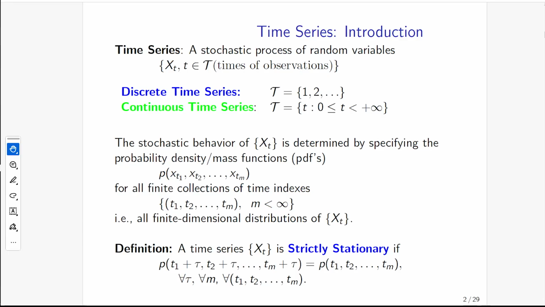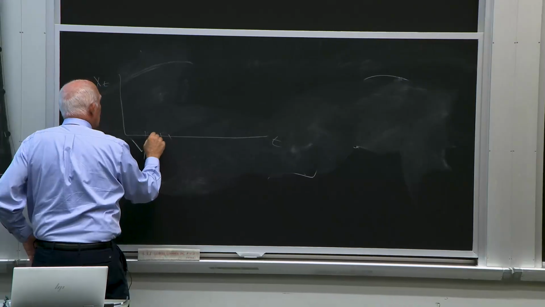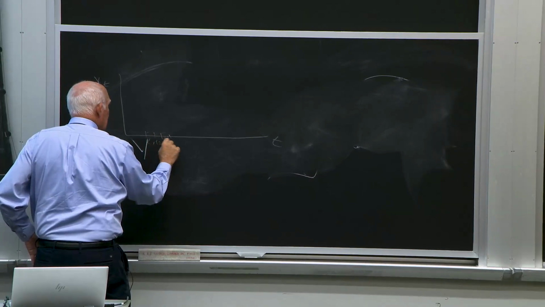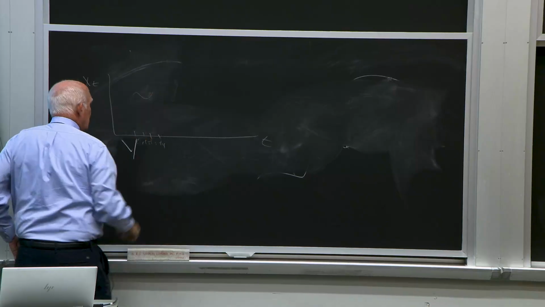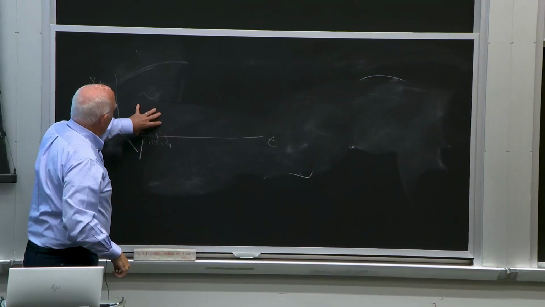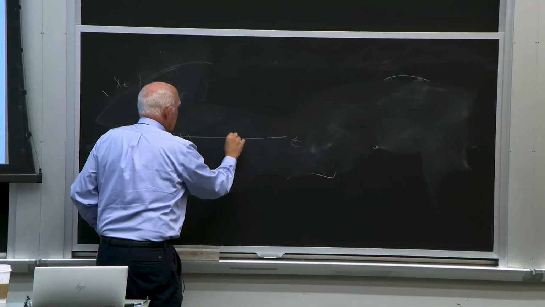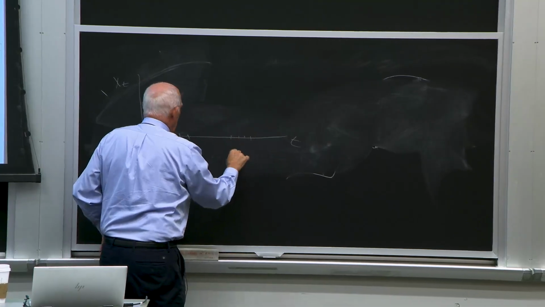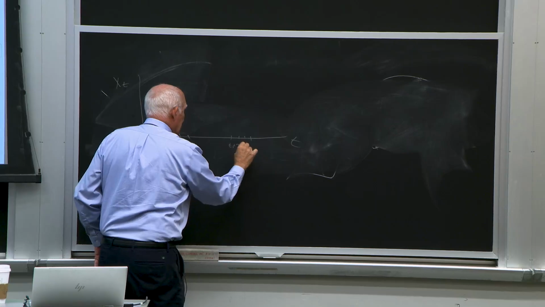So if we're looking at the index of time, and we have x_t, if we look at, say, 4 points here, t1, t2, t3, t4, then the distribution of the values at these time points will be the same as the distribution if we shift these time points all by the same amount, tau.